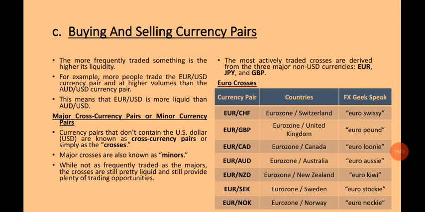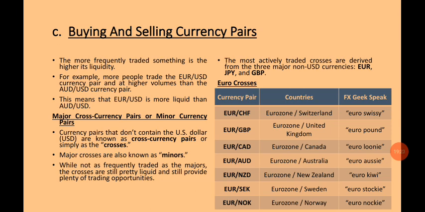Major currency crosses, pairs or minor currency pairs. Currency pairs that don't contain the US dollar, that's the USD, are known as cross currency pairs, or simply as the crosses. The major crosses are also known as minors.